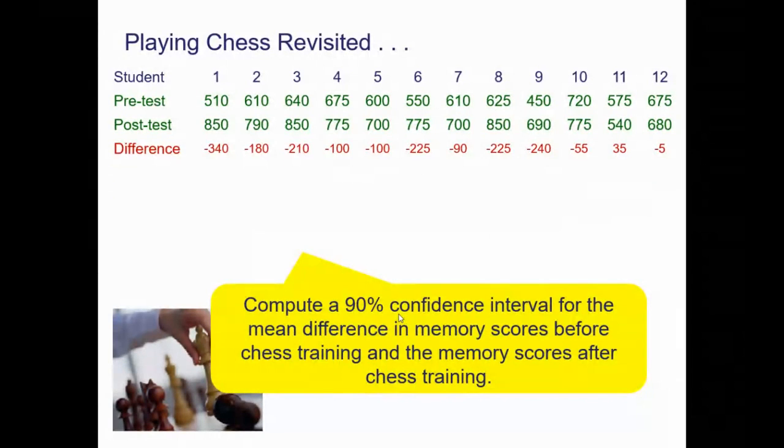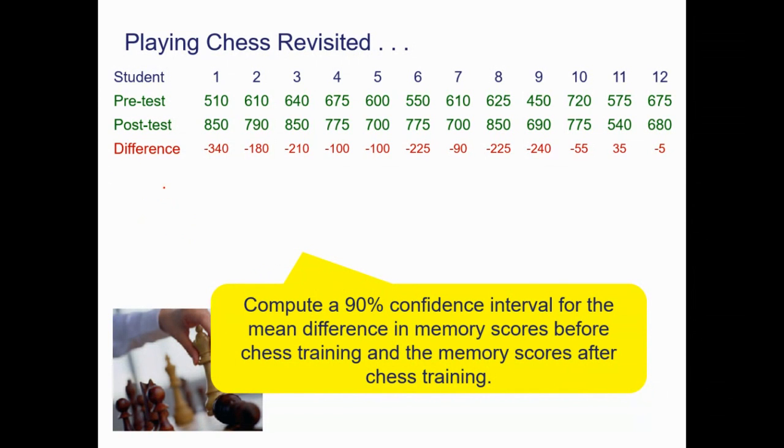It'll be in the video if you want to go back and watch it later, since I'm still recording. They want us to compute a 90% confidence interval for the mean difference in memory scores before and after chess training. Basically, it's our chess example again, but we're doing a 90% confidence interval.